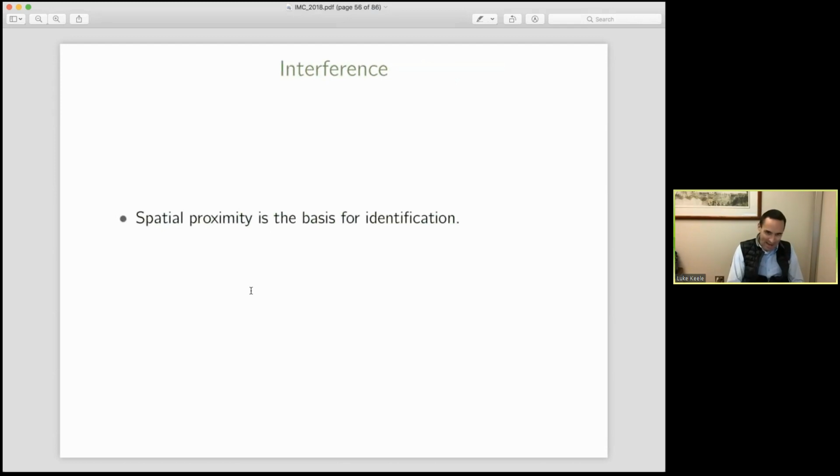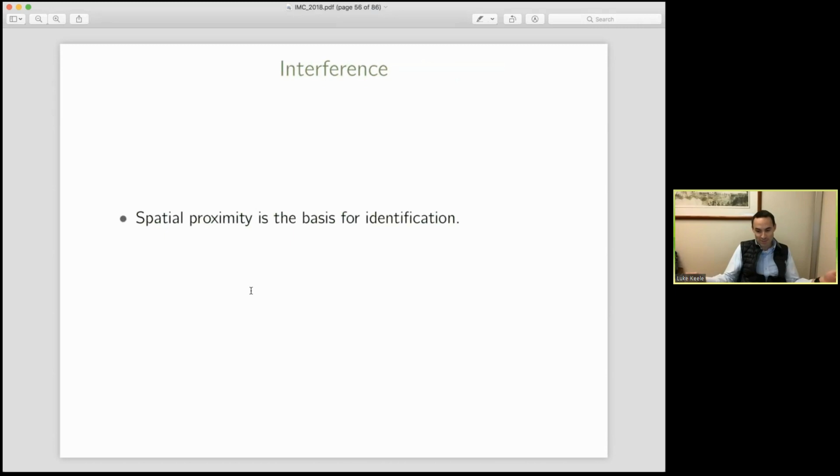But the other thing that can happen here, that is clearly not going to be an issue in your classic two-dimensional RD, is the possibility of interference. With these geographic designs, spatial proximity is the basis for identification. What I mean is we say our effect is identified if we think things are as if random.